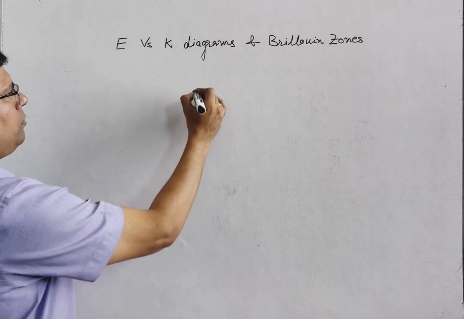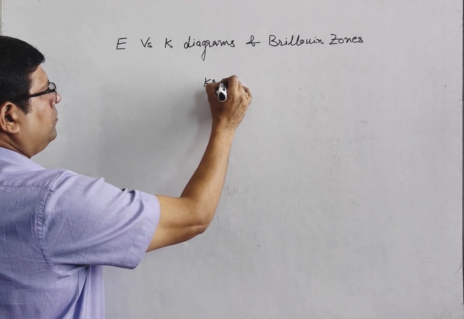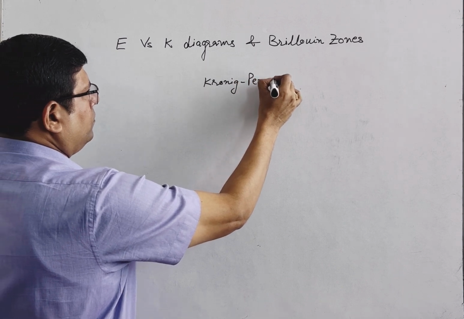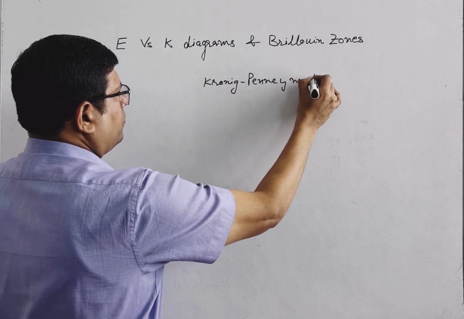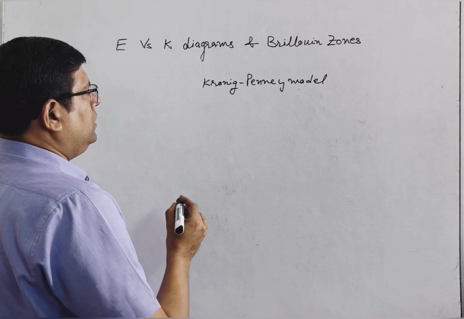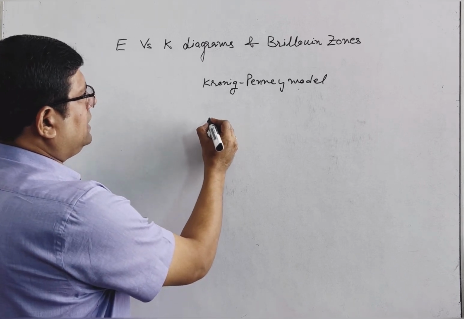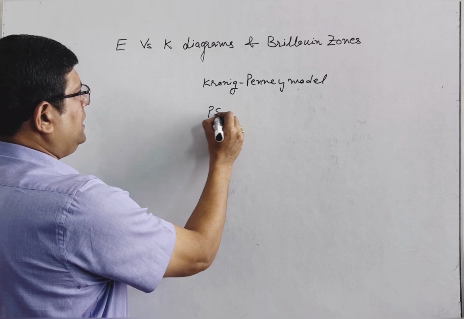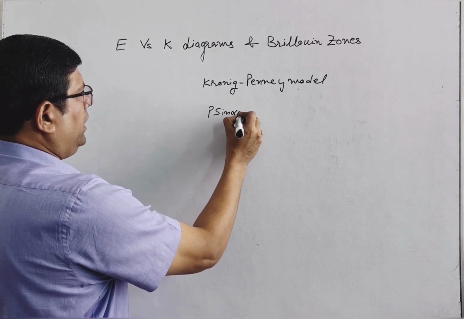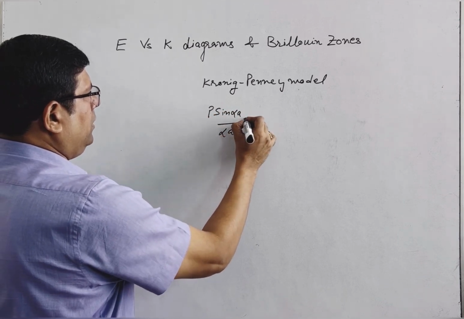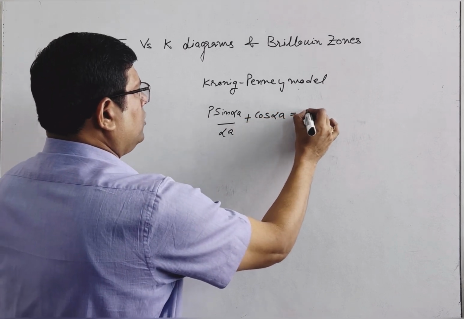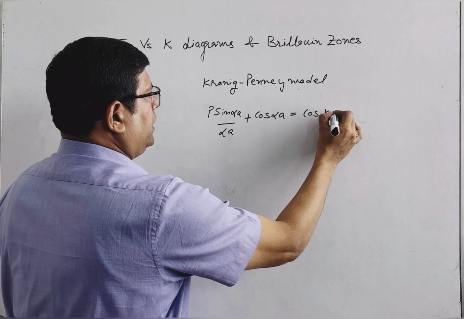We know from the Kronig-Penney model the condition for permissible energy states, or allowed energy states, is given by P sin(αa)/(αa) + cos(αa) = cos(Ka).